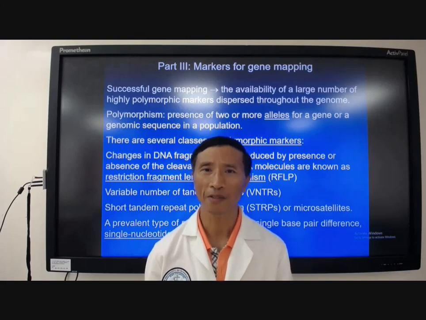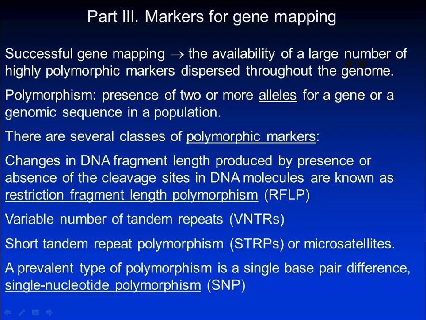Now, let's move to part 3. We will look at markers for gene mapping. Successful gene mapping requires the availability of a large number of highly polymorphic markers dispersed throughout the genome. Polymorphism refers to the presence of 2 or more alleles for a gene or a genomic sequence in a population.